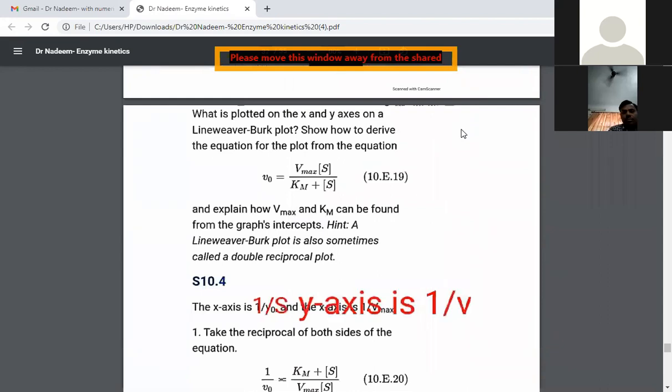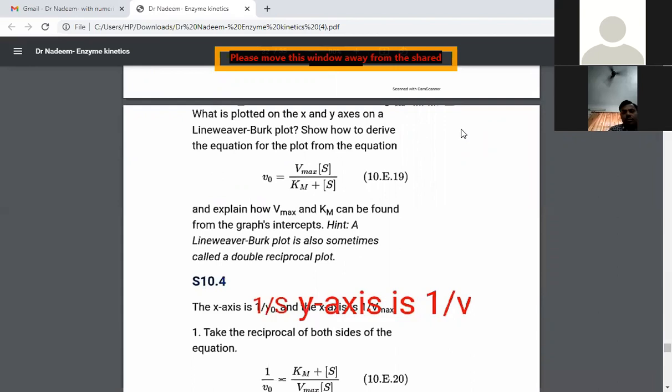Now how can a question come? A numerical question and derivation. Although the main derivation is very important, how can we derive the Michaelis-Menten equation? According to the Michaelis-Menten approach, that is the equilibrium approach for a general chemical reaction, E plus S forms the enzyme substrate complex ES, then E plus P. There are two types of steps in this general enzyme catalyzed reaction, on the basis of which the Lineweaver-Burk plot is obtained.